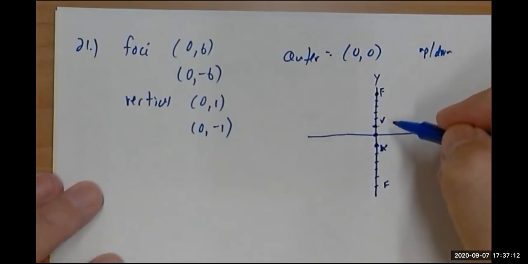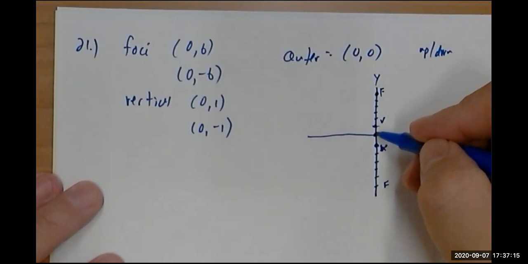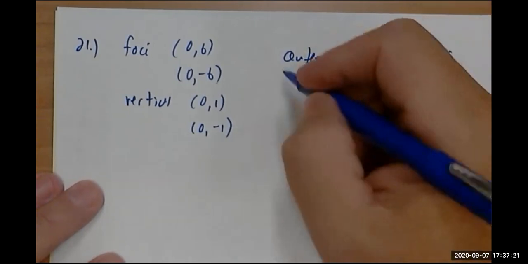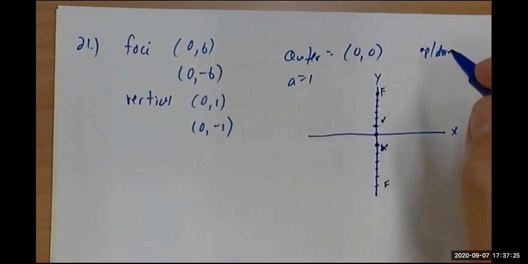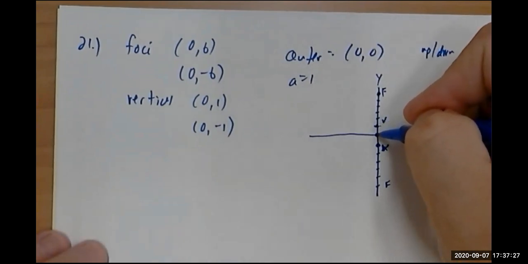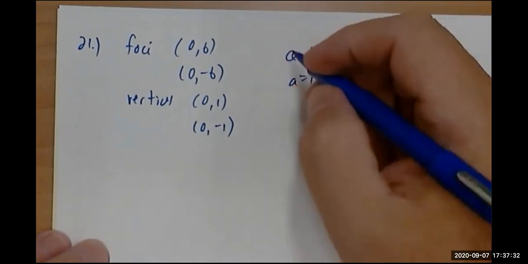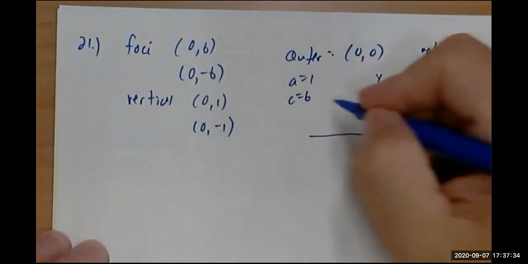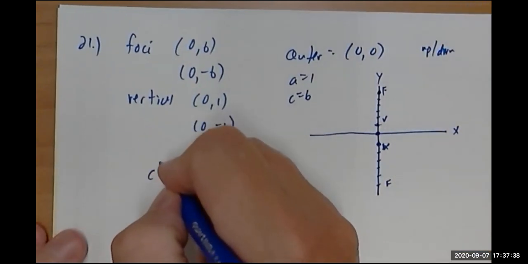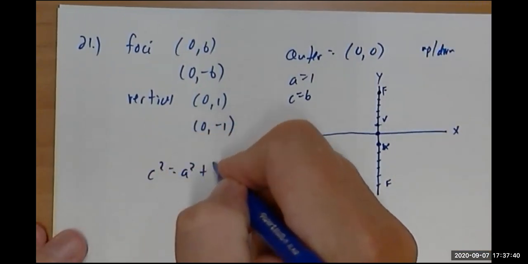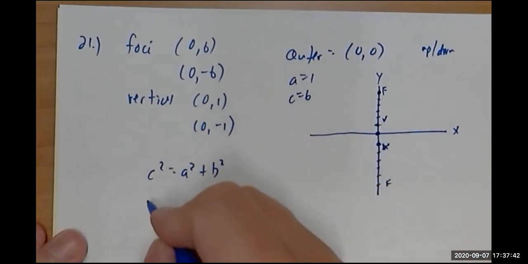So from this stuff, what we really know is we know the center is 0, 0. We know A is the distance from the center to the vertice. A is 1. I know from the center to the focus is C. Now I can figure out B from knowing that C squared equals A squared plus B squared.